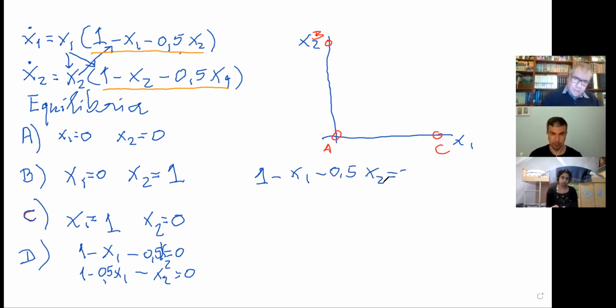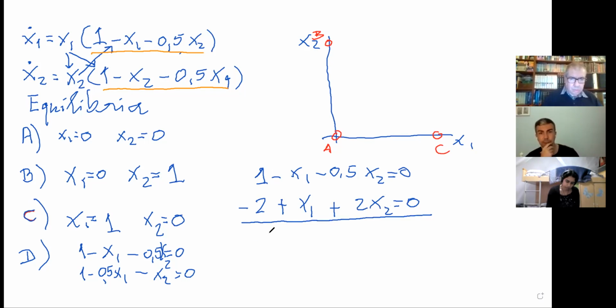I can multiply the second one by 2, so I get 2 minus x1 minus 2 x2 equal to 0. Now I multiply everything by minus 1 and add the equations.